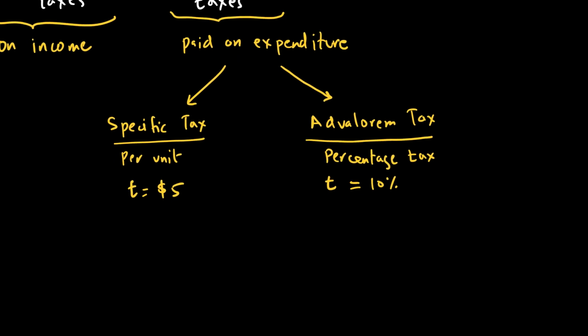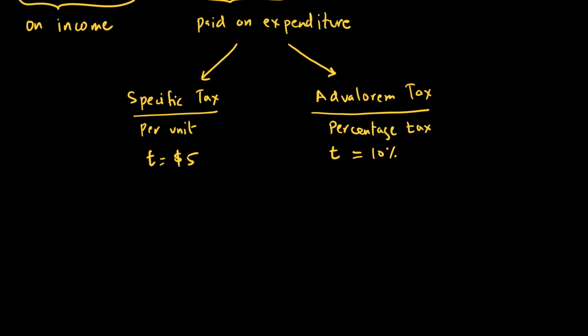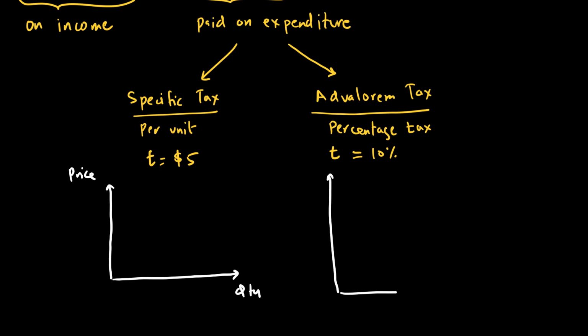Now, the implication on supply curves, remember we did taxes and subsidies earlier as well. If you look at a specific tax, with quantity and price on the axes, and let's also draw it here for the ad valorem as well.